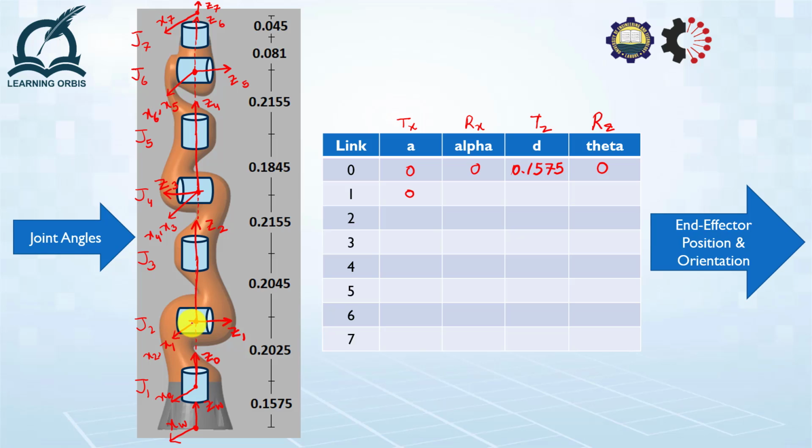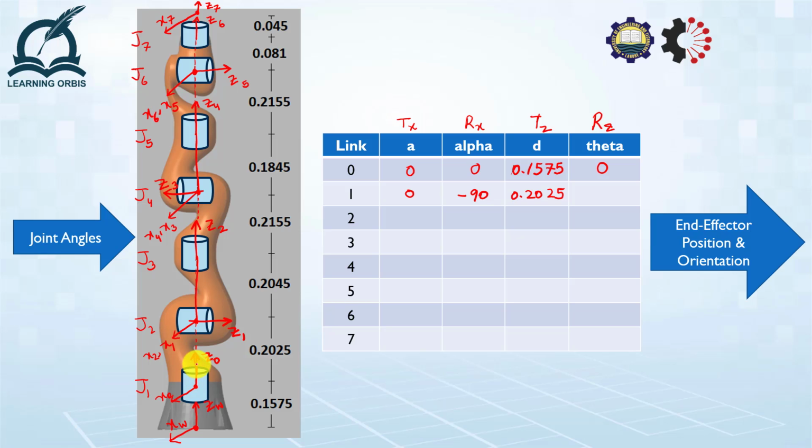So you have to rotate by minus 90 degrees to make z0 point in the direction of z1. So over here, alpha is minus 90. Then to move from this point in the z direction, you have to move by 0.2025 units to come to this origin. So over here, it will be 0.2025.